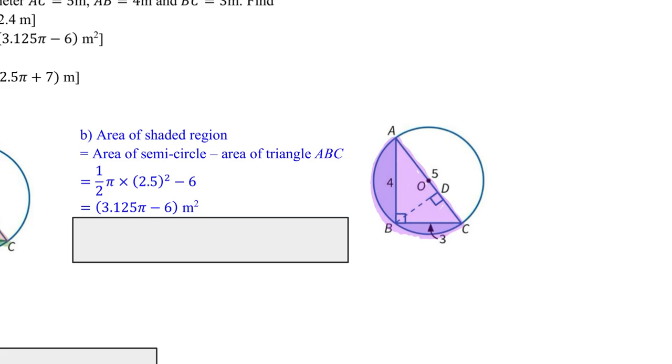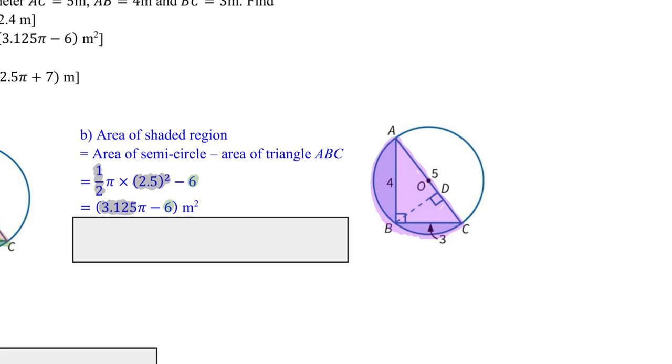Okay? So this is leave in terms of pi. So here, you can then see that half times 2.5 square will give me 3.125, and pi, just leave it as it is.